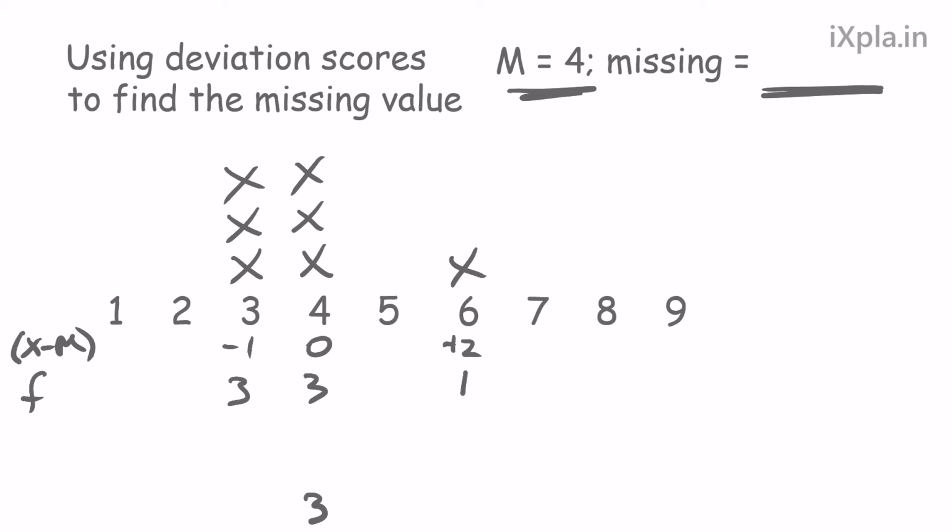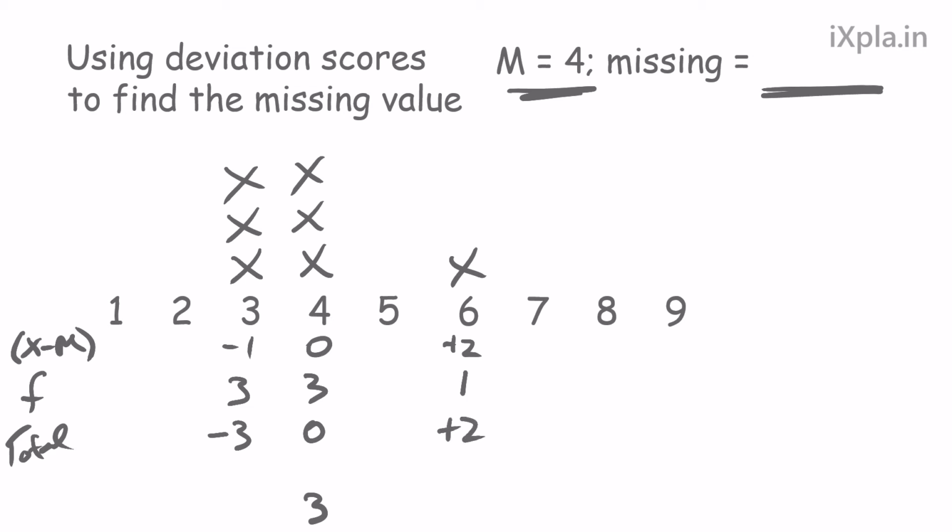Now we need to compute the total deviation for every score that we have. We have 3 3s, which each have a deviation of -1, so that gives us -3 for that column. We have 3 4s, which are 0 away from 4, so that gives us 0. And then we have 1 6, which is a plus 2.